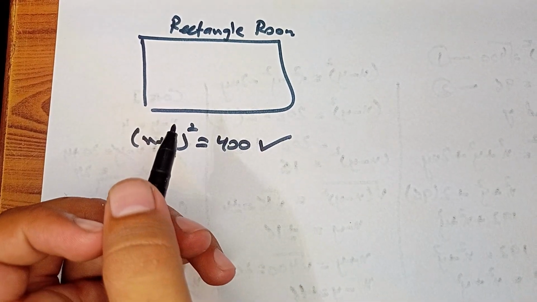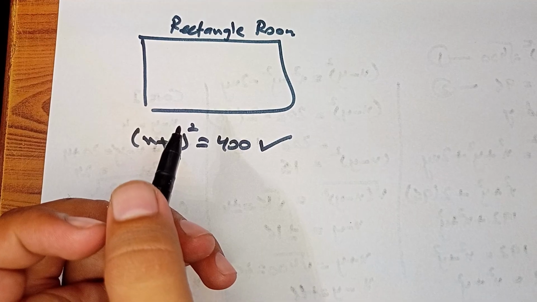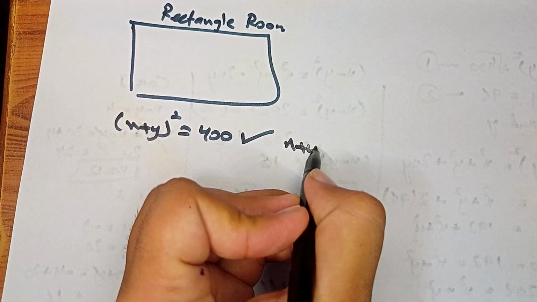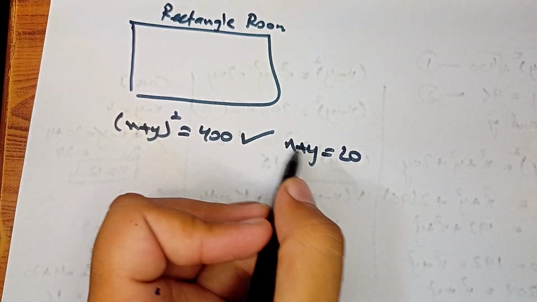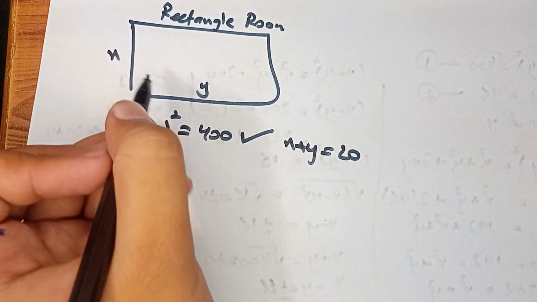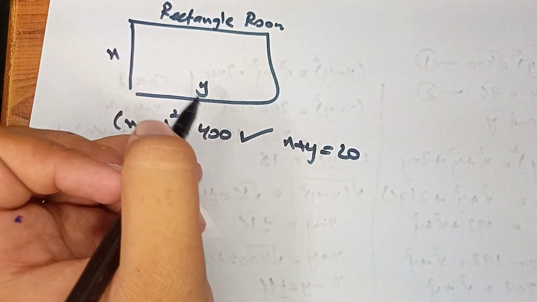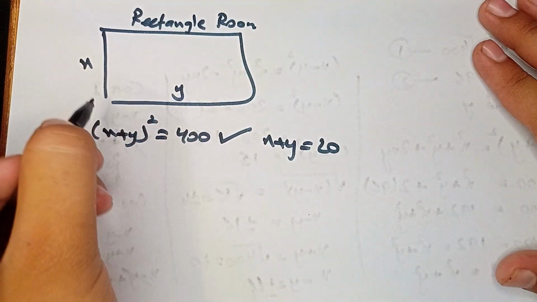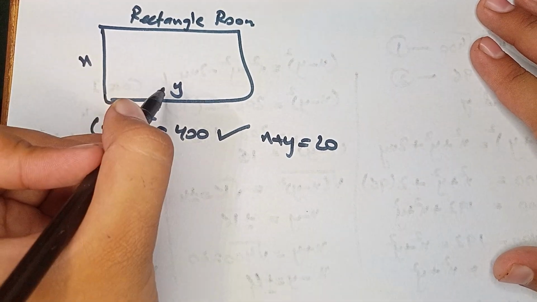And the second thing is x + y. This is our x and this is our y, and when adding, it should be 20, or x should be less than y.